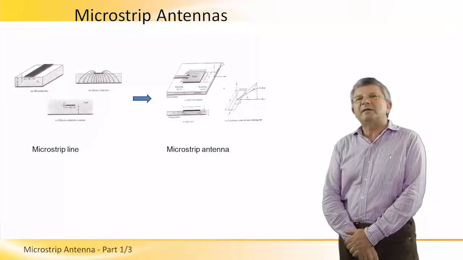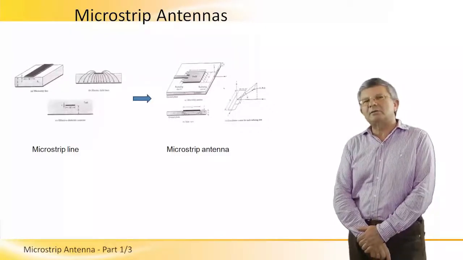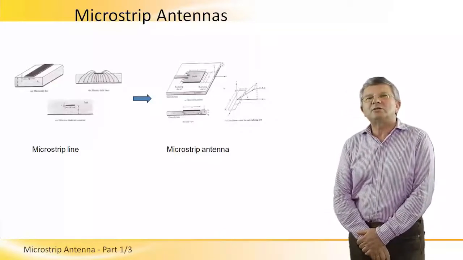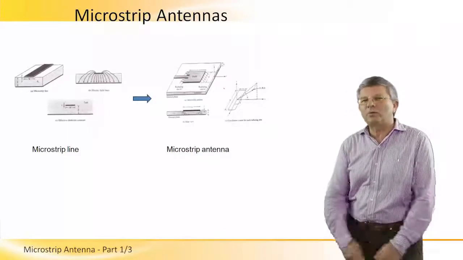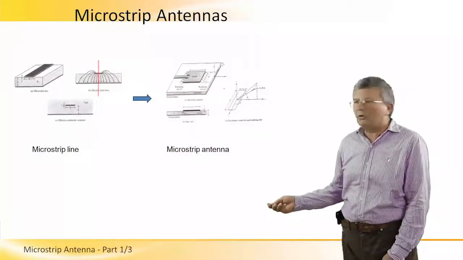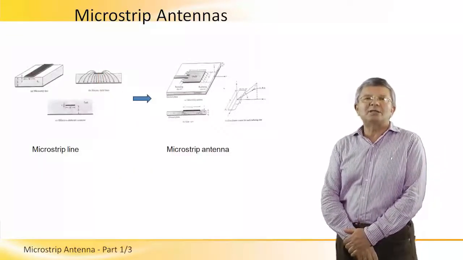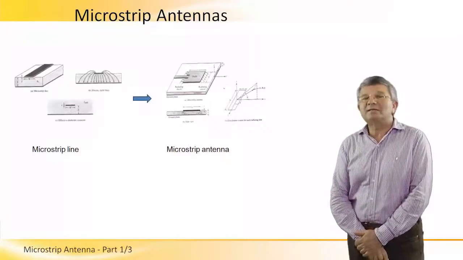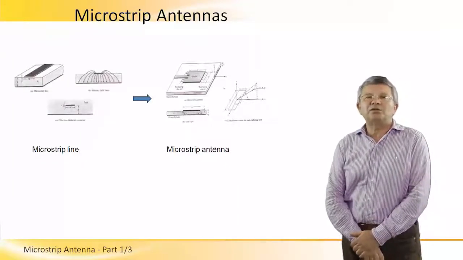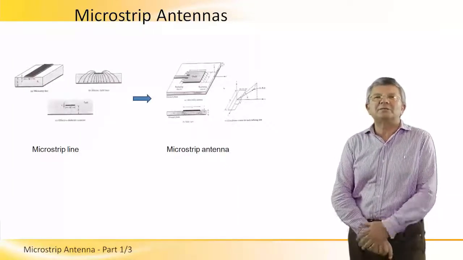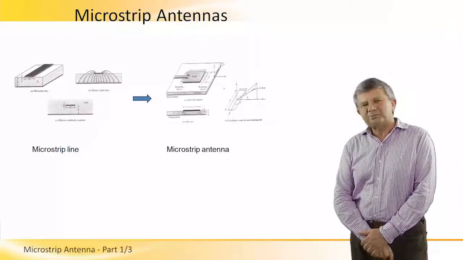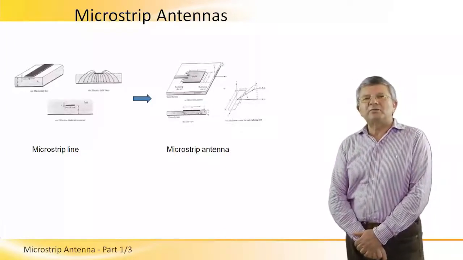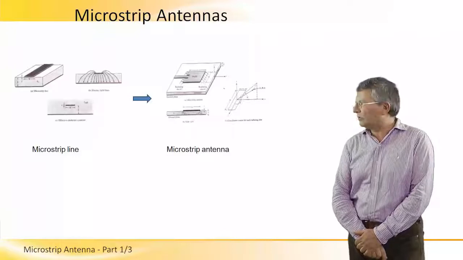In the microstrip line, the electric field in those two radiating slots is opposite in direction, and therefore we get a minimum radiation on an axis which is normal to the substrate. Therefore, a microstrip line is not so beneficial in terms of transmission because it transmits a null on a normal axis to the microstrip.